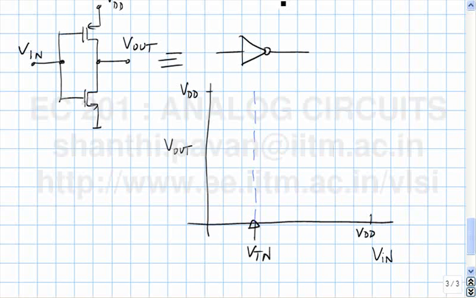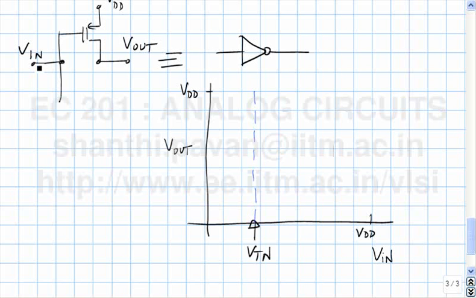The drain current is 0, and what region of operation do you expect the PMOS transistor to be in? What is the drain current of the PMOS transistor? The NMOS transistor is cut off, so basically it's like not having a transistor at all.